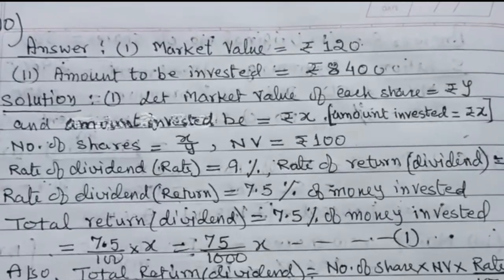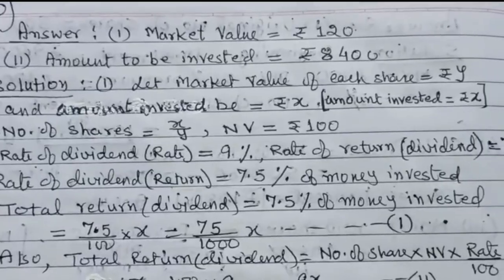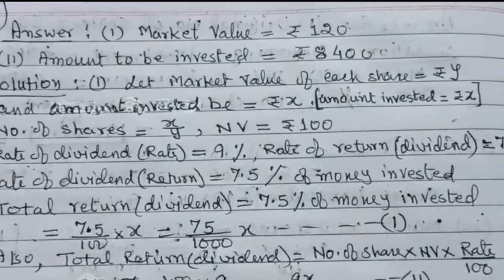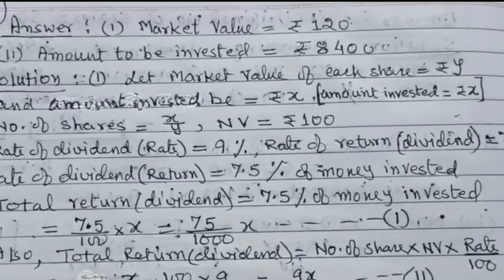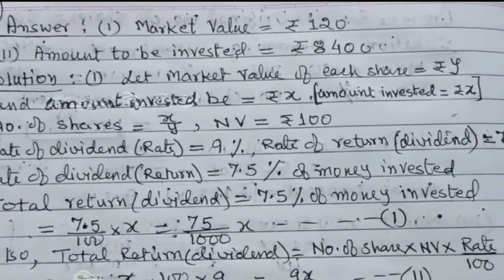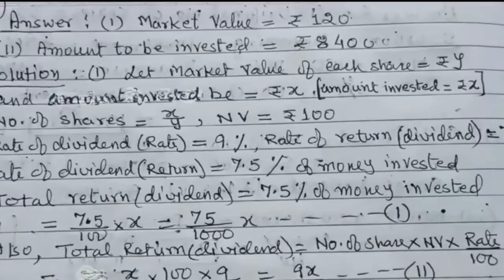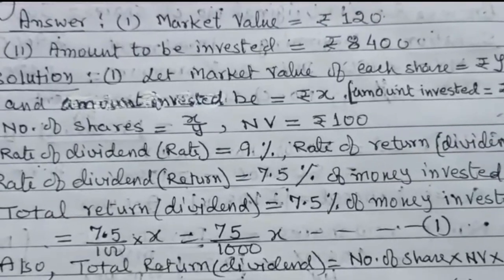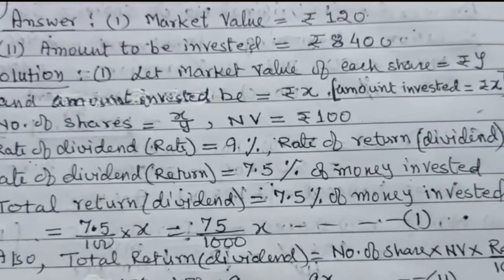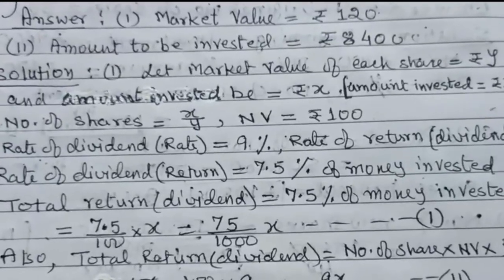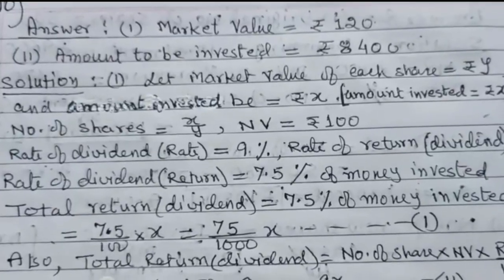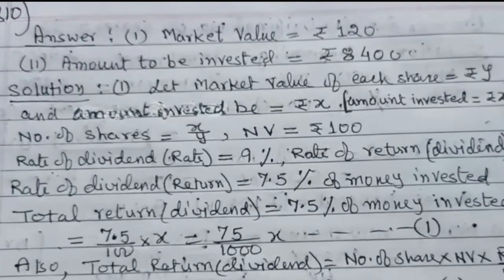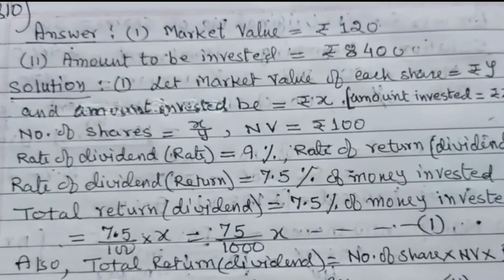Solution to question number 10. In question number 10, it is given that the rate of dividend is 9% and the rate of return is 7.5%, which means the rate of return, that is the rate of income, is 7.5%, which again means his dividend or his income is equal to 7.5% of money invested.